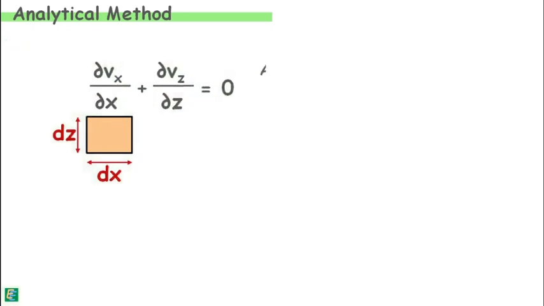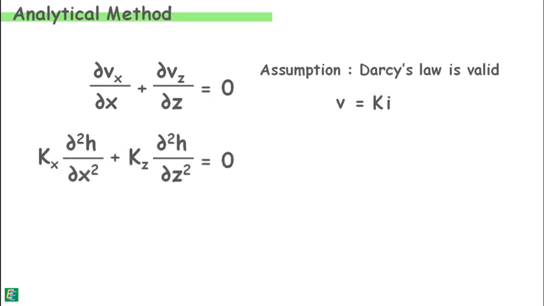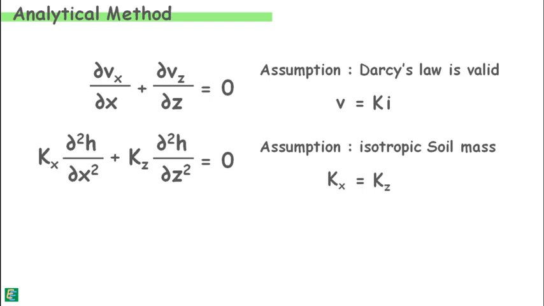After applying some assumptions, like Darcy's law is valid, we can write the velocity of water as permeability times hydraulic gradient, where the hydraulic gradient across this element is del H by del X and del H by del Z. The next assumption is, if the soil is isotropic, then permeability in the X direction is equal to the permeability in the Z direction.